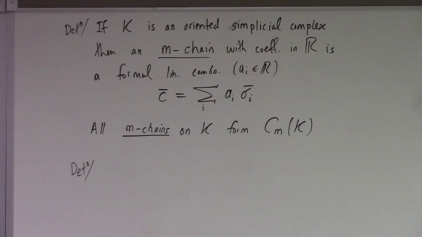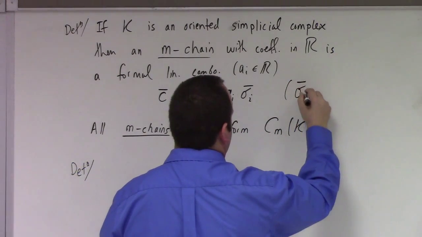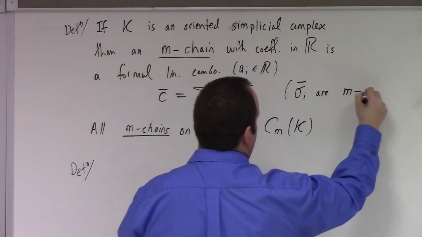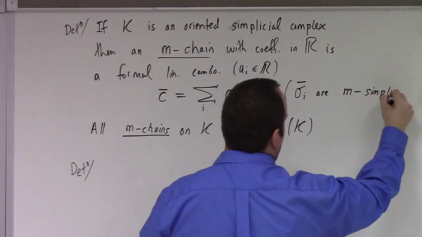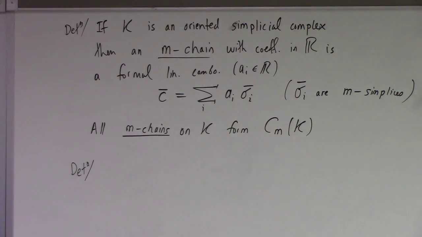Right, but you didn't use it in your definition. Oh, yeah, I'm sorry. So all the sigma bar I are M simplices. Thank you. Got lost in the shuffle there somehow.